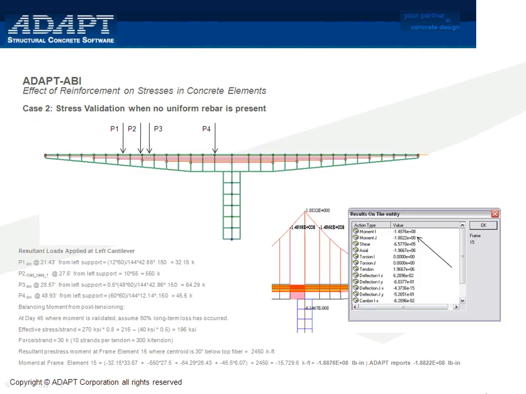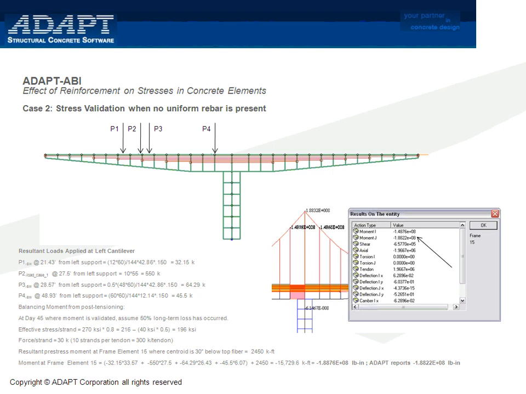Case 2 is the stress validation when no uniform rebar is present. This validation will occur at frame element 15, the J node at the top fiber. We've broken up the self-weight and the line load into discrete point loads acting along the span. These are shown on the slide. The balancing moment is also calculated by taking an assumption of 50% long-term loss at day 45.